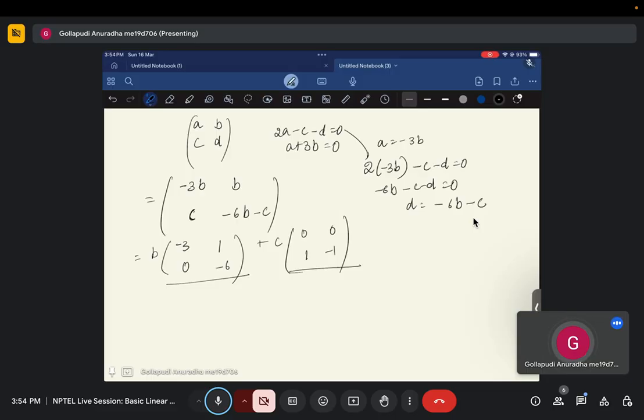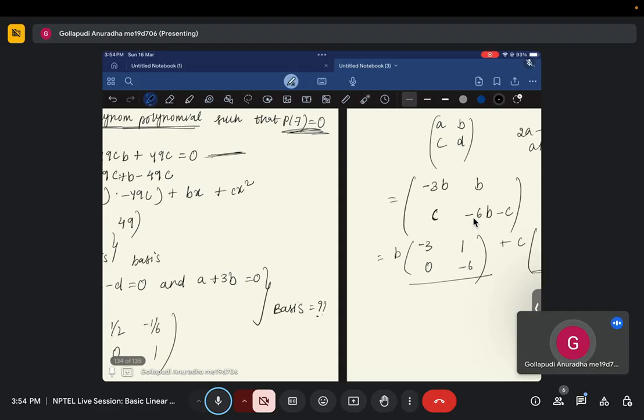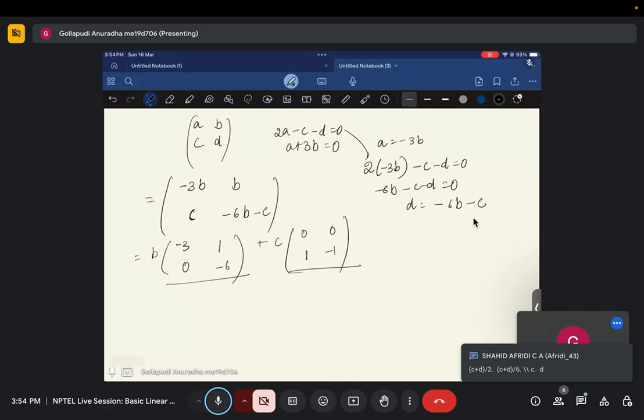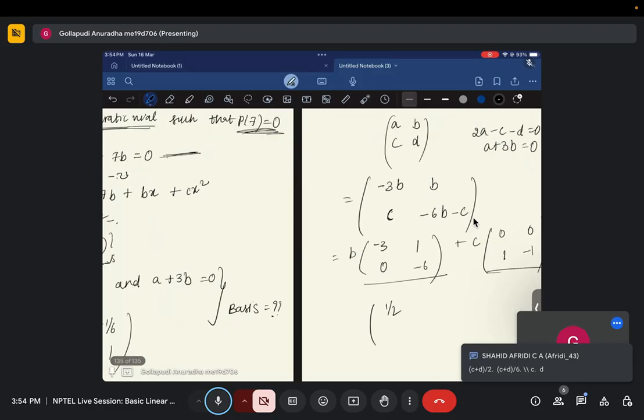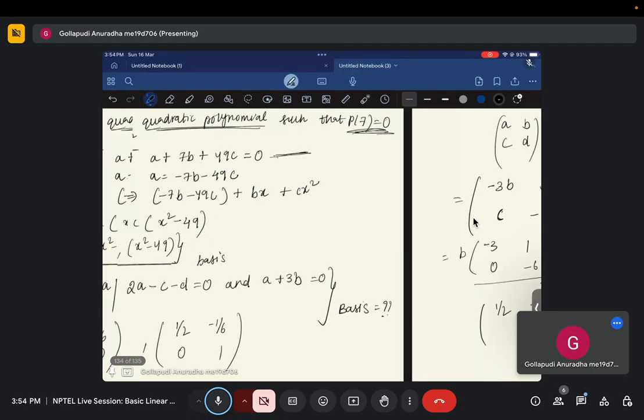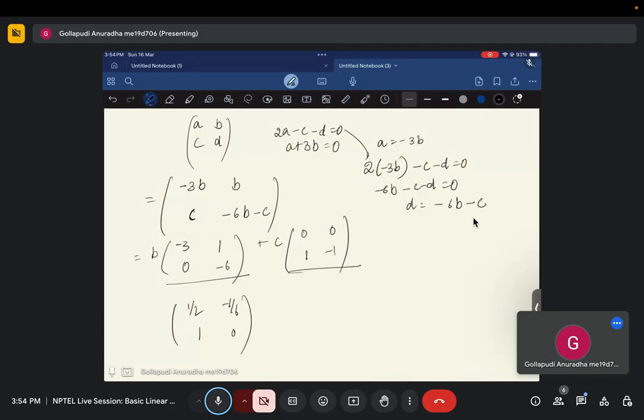But having said that, as you said, let's check this once. 1 by 2, minus 1 by 6, 1, 0, and the first column is the same, and these two are interchanged. Yeah, so can we get it from this? Okay.